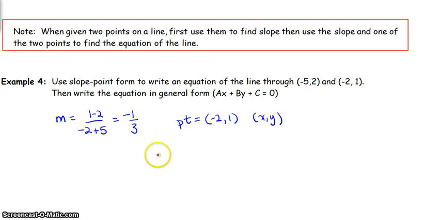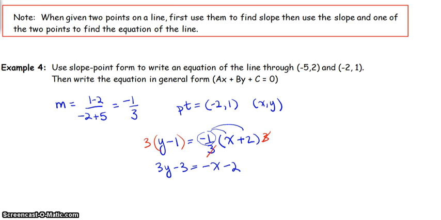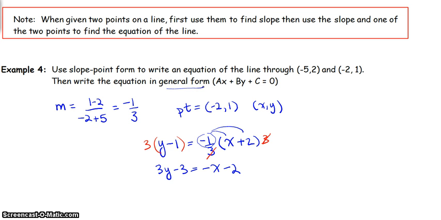And I would continue as normal. My y2 minus y1 should equal my slope multiplied by my x2 minus, minus a negative becomes addition, x1. Multiply both sides by 3. The 3's will cancel, and then you will get 3y minus 3 equals, make sure you're multiplying in a negative this time, be careful, -x minus 2, and then check the form that they want it in.